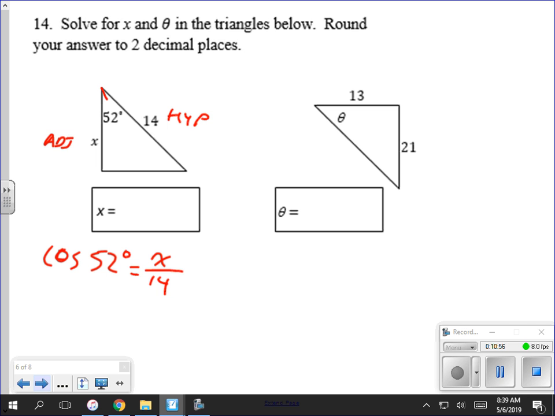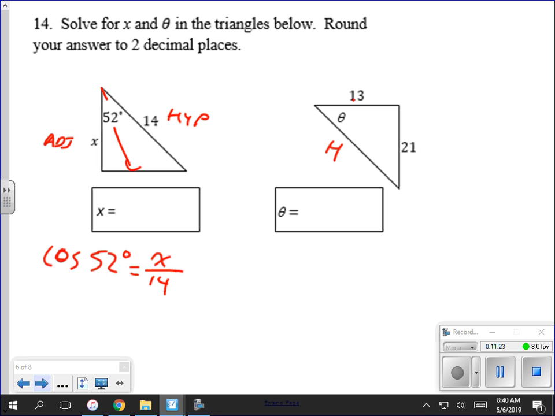Yes? I've never really understood how to find the opposite side. So I have an angle here. This side is adjacent. That's on the opposite side. The hypotenuse is always the longest side.